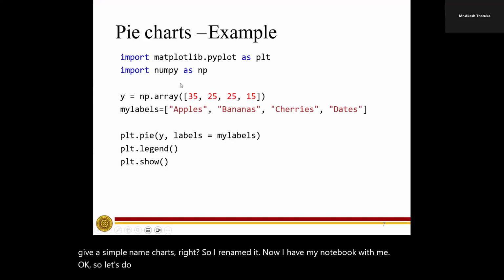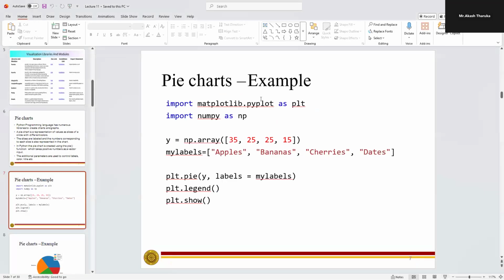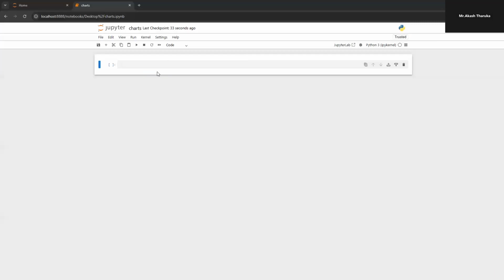So this is the code that we are playing with, import matplotlib. So let's try to do this now. Right. So the first thing, we have to import our library. So I'm going to say import matplotlib.